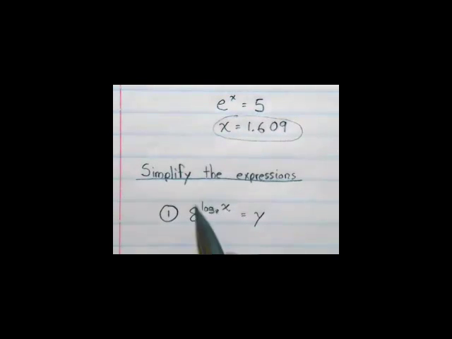And even though there's a log in here, ultimately this is just one big exponential equation, right? Okay, so let's think about how we could move this thing back and make it a log equation using what we have here. So it would be log base 8, because of this 8 right here, of y equals the exponent. Well, what's the exponent? It's that big log thing that's up there, right? So you just write that whole thing out, log base 8 of x.